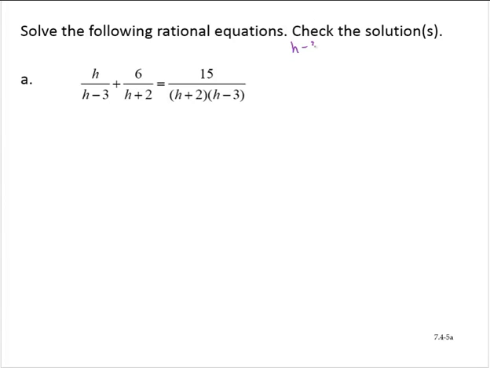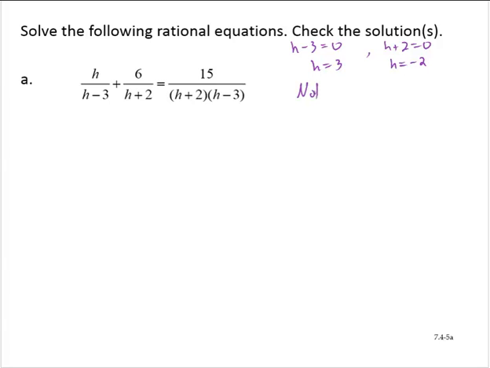So h minus 3 equals 0 implies that h equals 3. And h plus 2 equals 0 implies that h equals negative 2. And we have the same two factors on the right-hand side of the equation, so we only need to exclude these two values.